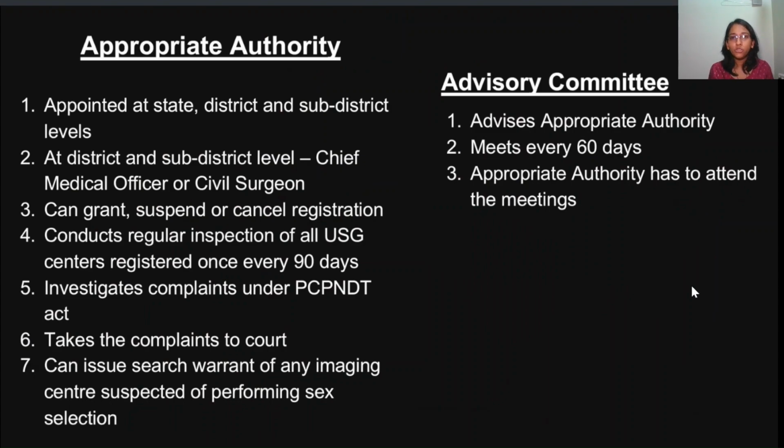Coming to the appropriate authority, it has the majority of the functions. The appropriate authority is appointed at state, district and sub-district levels. At district and sub-district level, the chief medical officer or civil surgeon will be the head. The appropriate authority can grant, suspend or cancel registration.